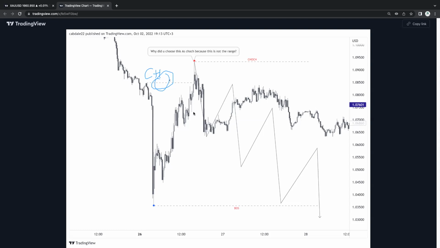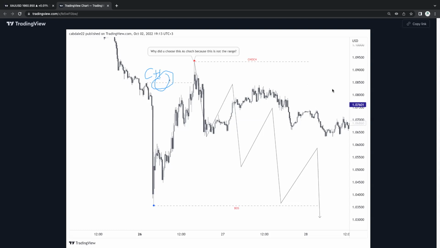At least market taken out the inducement, which one is here. After break the previous high, market at least taken out the inducement, which is here. So next attempt, close above it and then go higher.